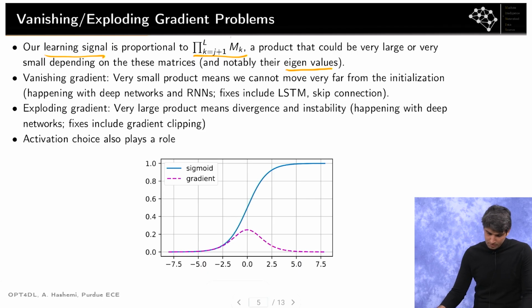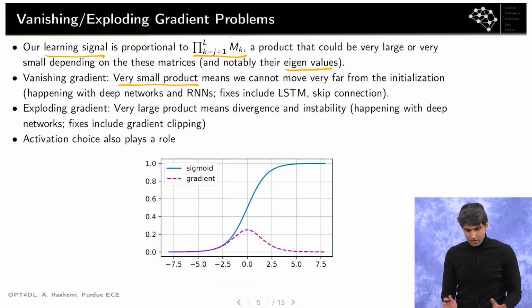So what's the vanishing gradient problem? Again, very small product. Therefore, the gradient is going to be small, and what's the implication? Well, we use the gradient to update our parameters. So if the gradient is small, we're not going to update the parameter much, or even at all. So we're not going to move very far from the initialization.